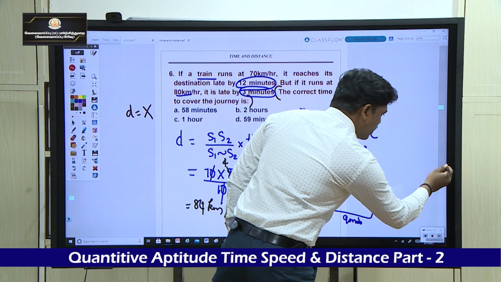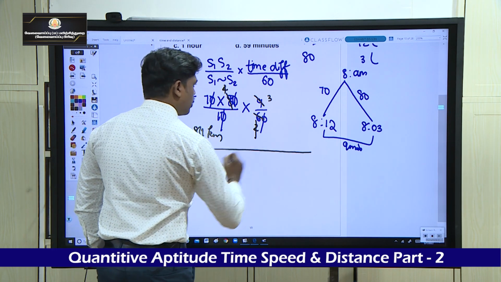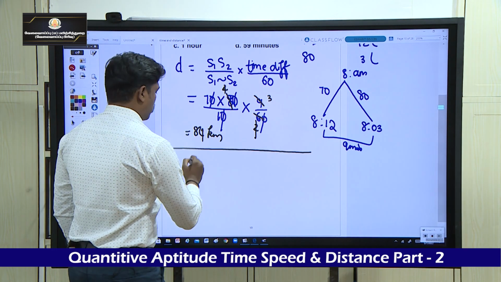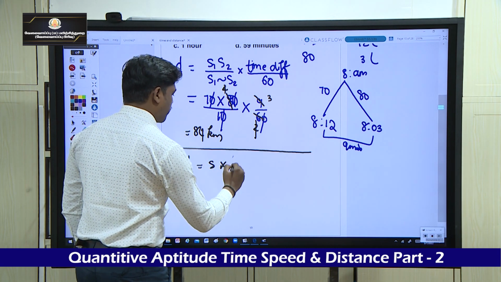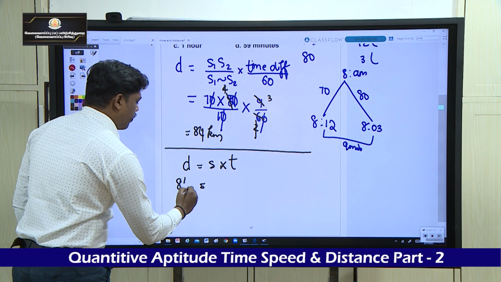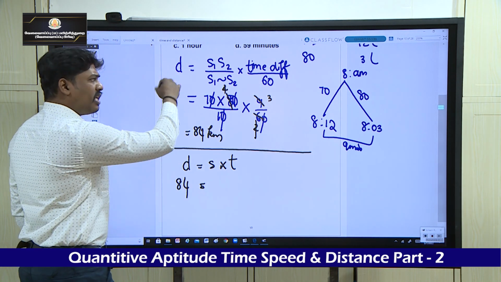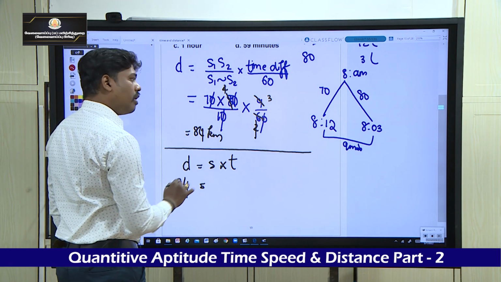What we have to find out is the correct time. So, distance is equal to speed into time. What is the distance we got? Distance is 84 kilometer.